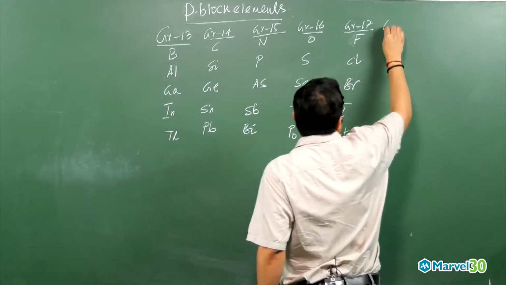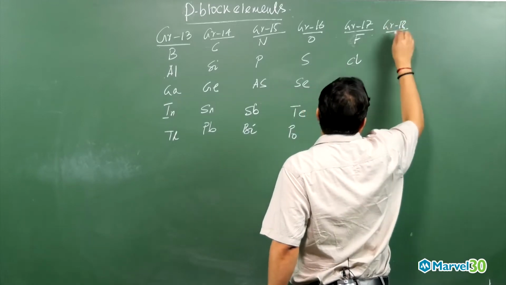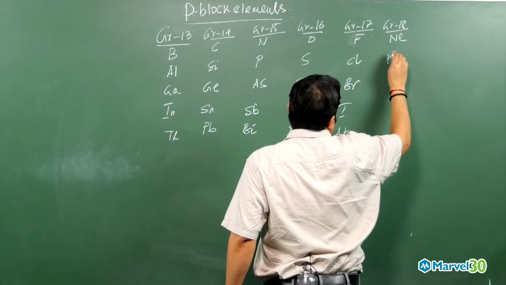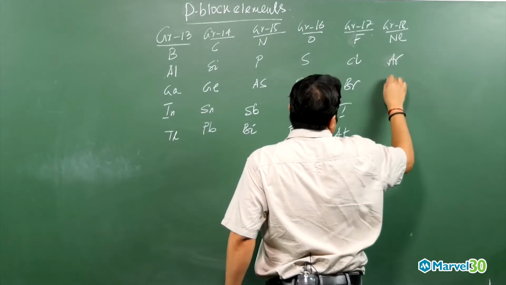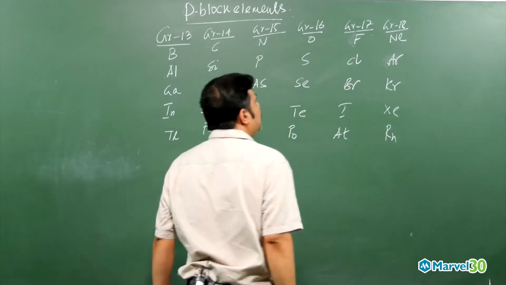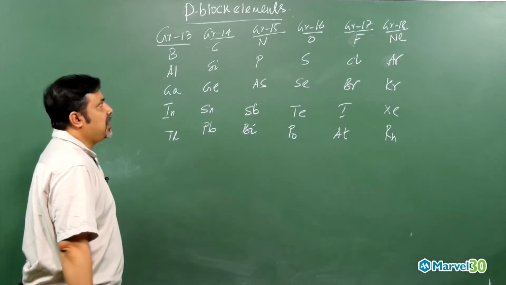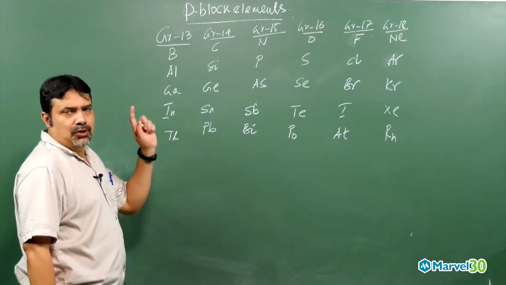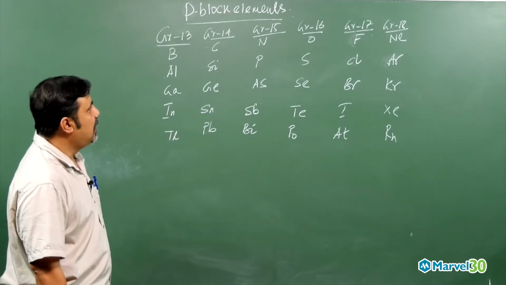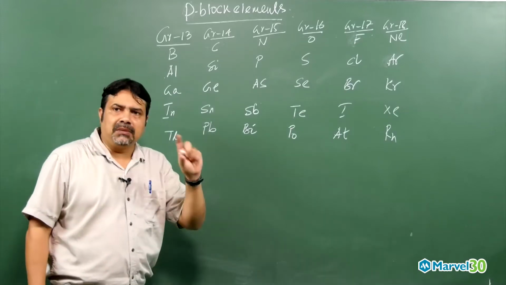And group 18 elements are helium, neon, argon, krypton, xenon, radon and Uuo. So these are the p-block elements entirely: group 13, 14, 15, 16, 17, 18. This is the way you have to remember them.